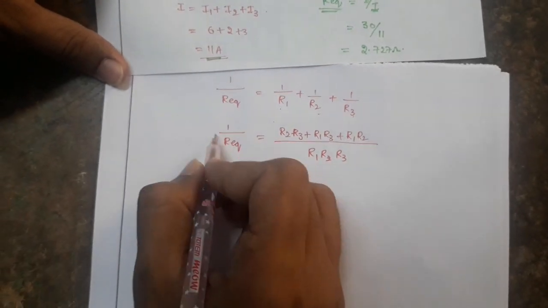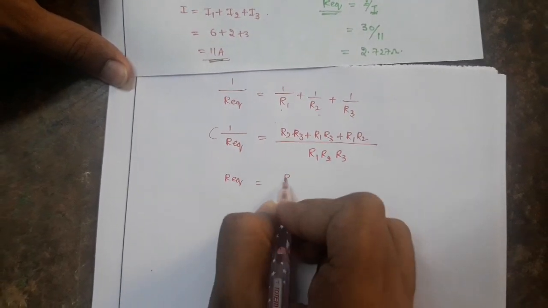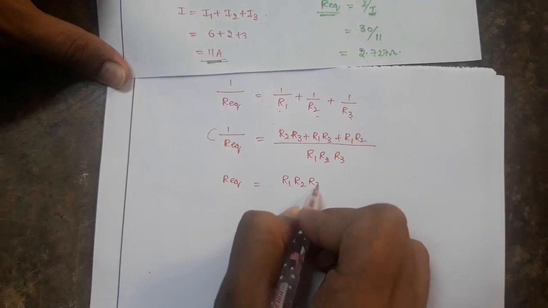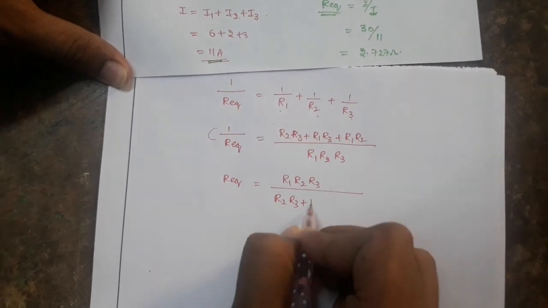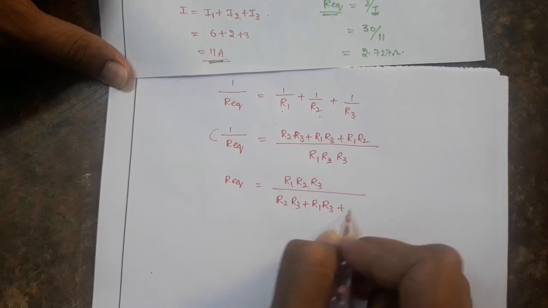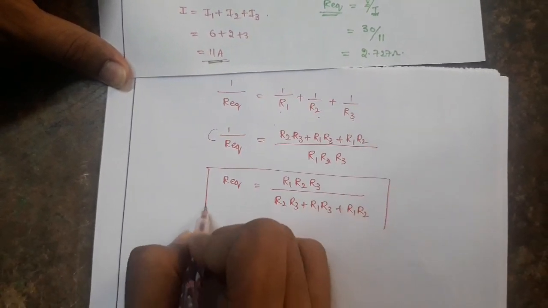Therefore, by reciprocating it, we will get R equivalent equals R1 R2 R3 divided by R2 R3 plus R1 R3 plus R1 R2. This is the R equivalent when three resistances are connected in parallel.